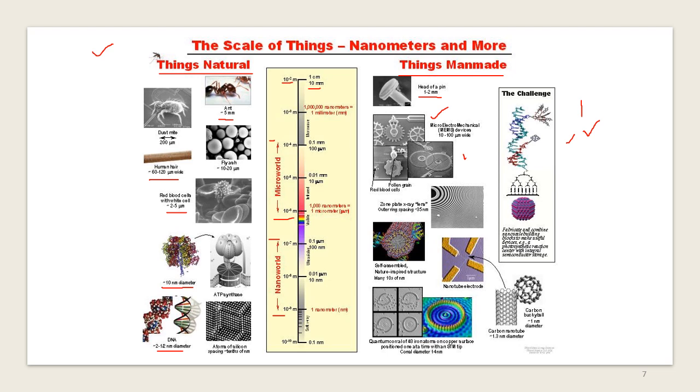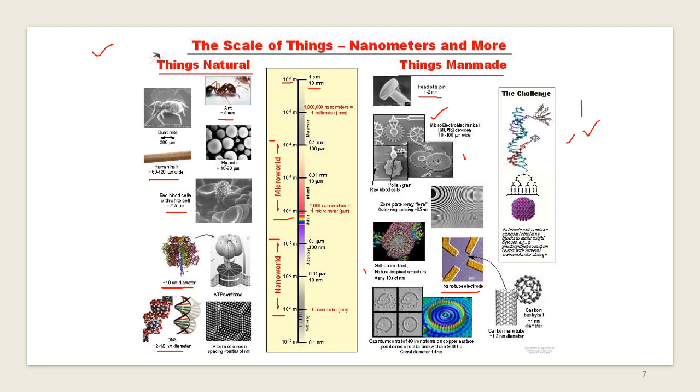Then we can see the outer ring space of a zinc plate, which is 35 nanometers in size. Then we can see a nanotube electrode, and the carbon buckyball, which has an atomic size of 1 to 3 nanometers in diameter.